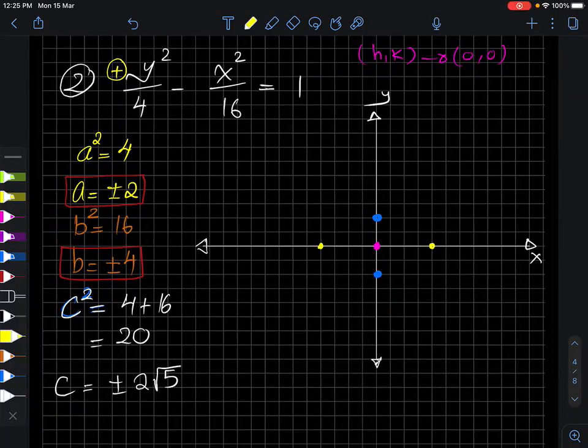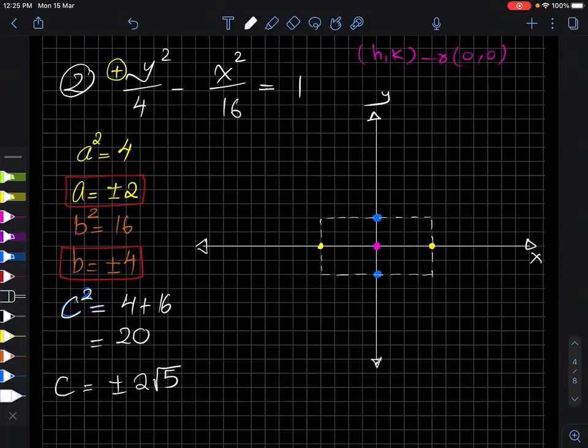And guys, connect the points. It's better also to draw the asymptotes. The rectangle should be dashed, and it does not appear on the graph, guys. You just use it as a framework for your hyperbola.